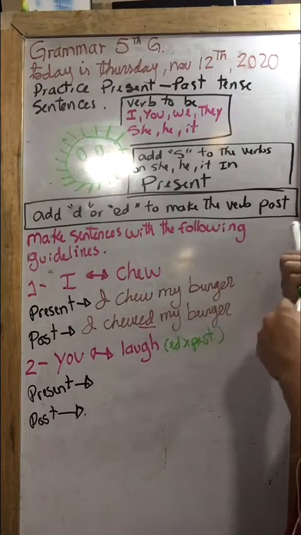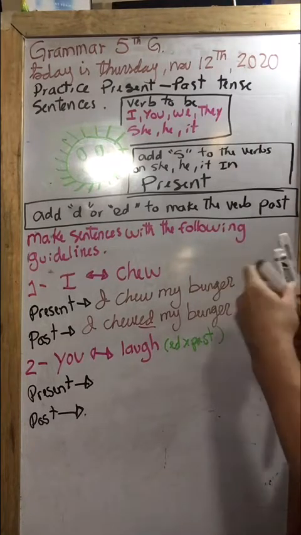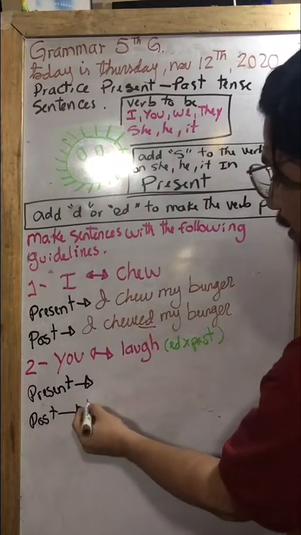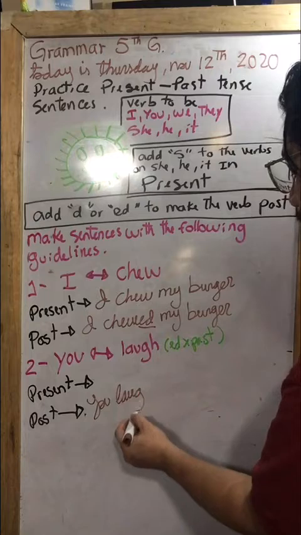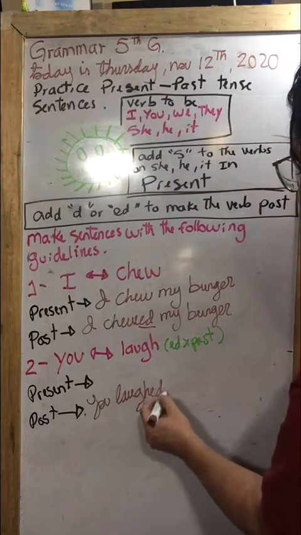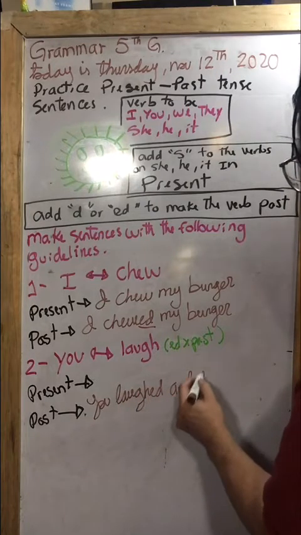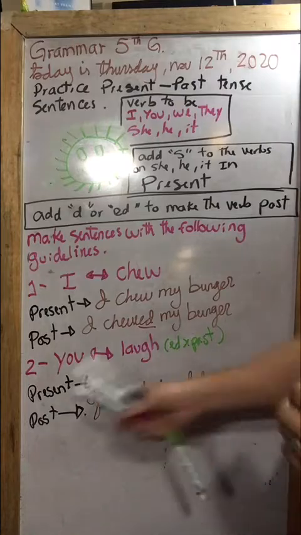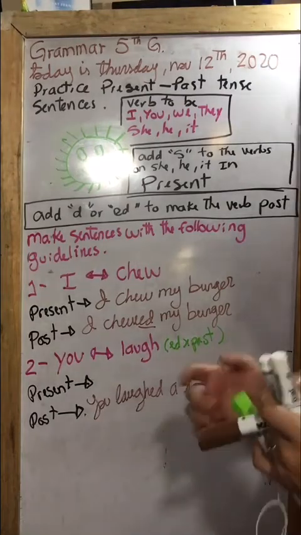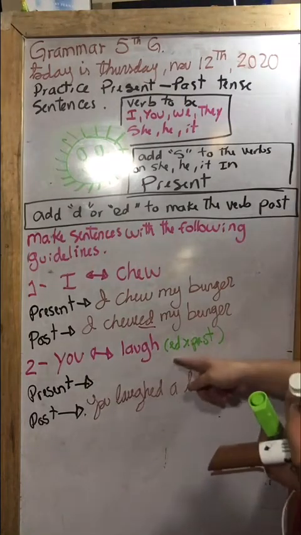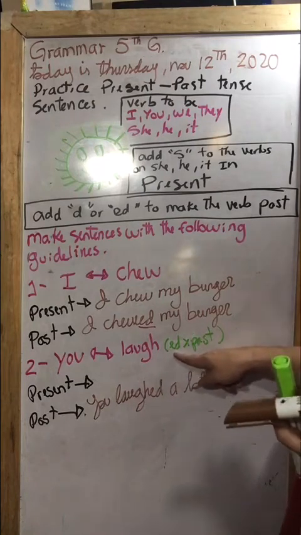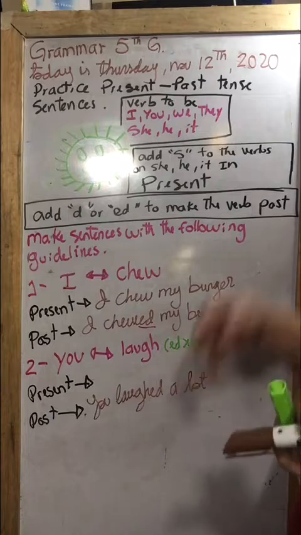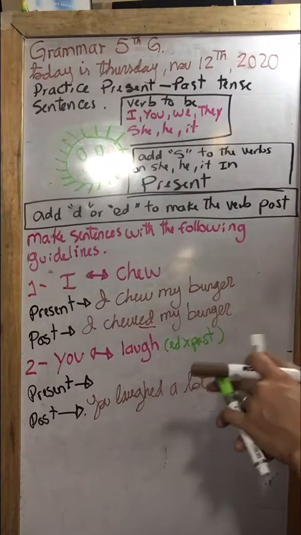So I'm gonna write it as an example in there so you can have it. I can write, you laughed a lot. See, you can write the present because the present is very simple. You laugh a lot. But then in the past, you have the ed that I wrote in there that you have to add to make sure that you have the sentence correctly written.